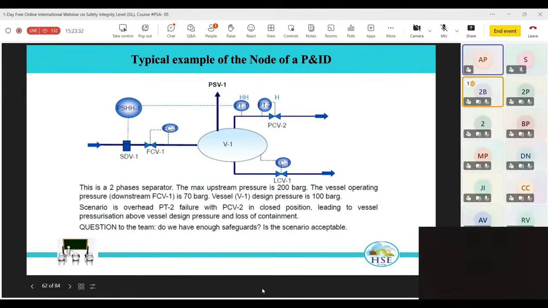Also, we do not know what is the frequency of persons present near this vessel V1. If throughout the day somebody is present here, then there is a very high likelihood that if this particular vessel ruptures, and all the flammable or explosive mixture comes out, we don't think that we have enough time to inform the local operator to run away from or evacuate the situation.